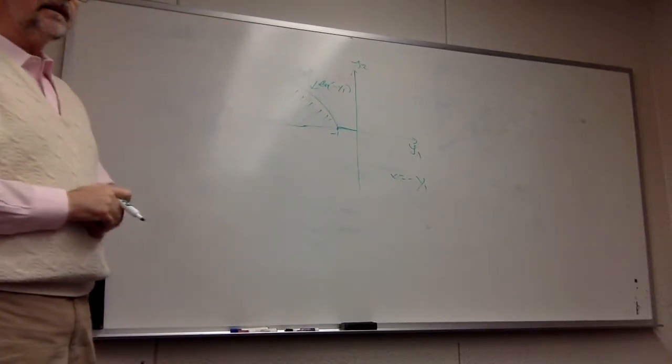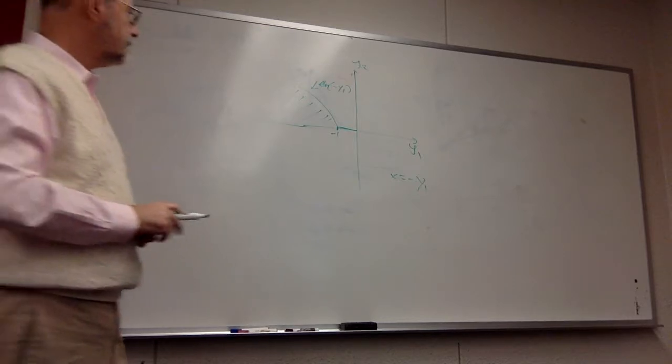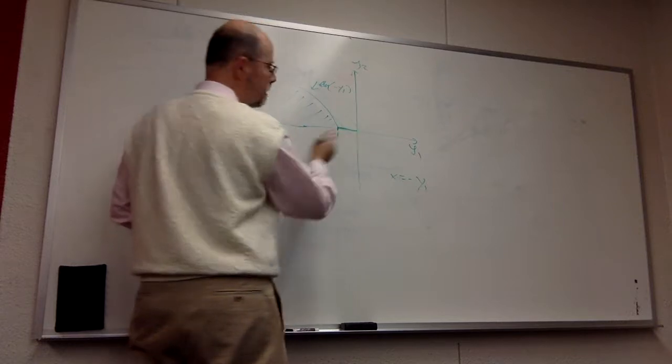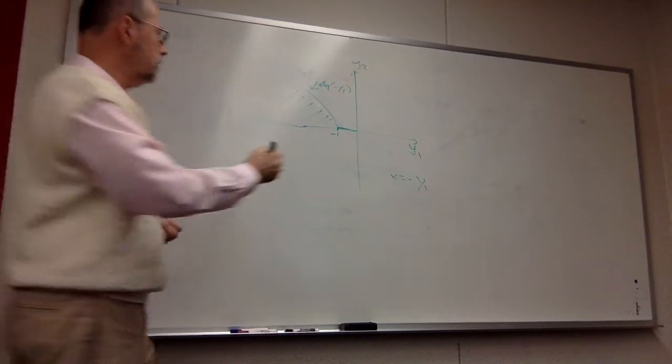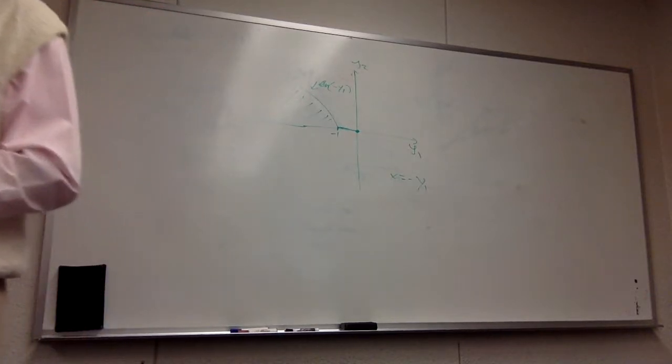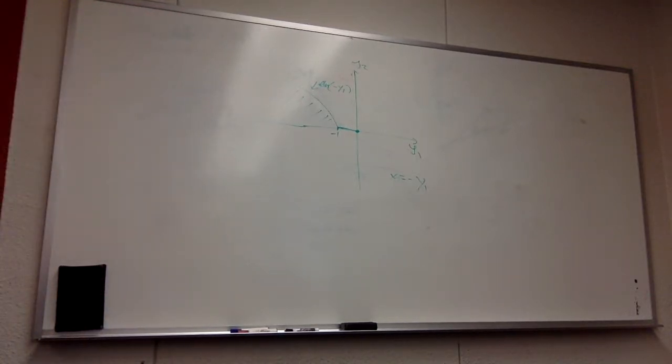All right? I didn't shade it because it's not shadeable, but this is included, all the way to here. Remember one of the properties of the production set, possibility of inaction? Can always shut down.